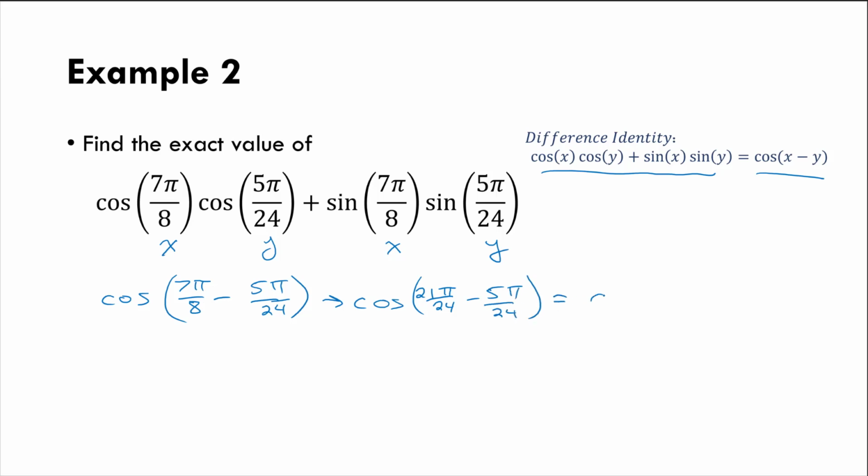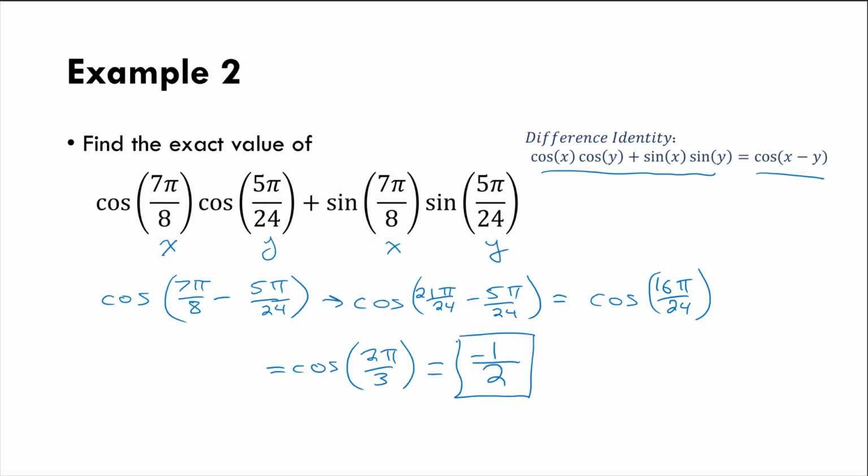So this is going to equal cosine of 16 pi over 24, which further simplifies to cosine of 2 pi over 3, and if we have a look on our unit circle, we know that that is equal to negative 1/2. So that would be our exact value, really simplifying this long expression into something much simpler that we know how to define.